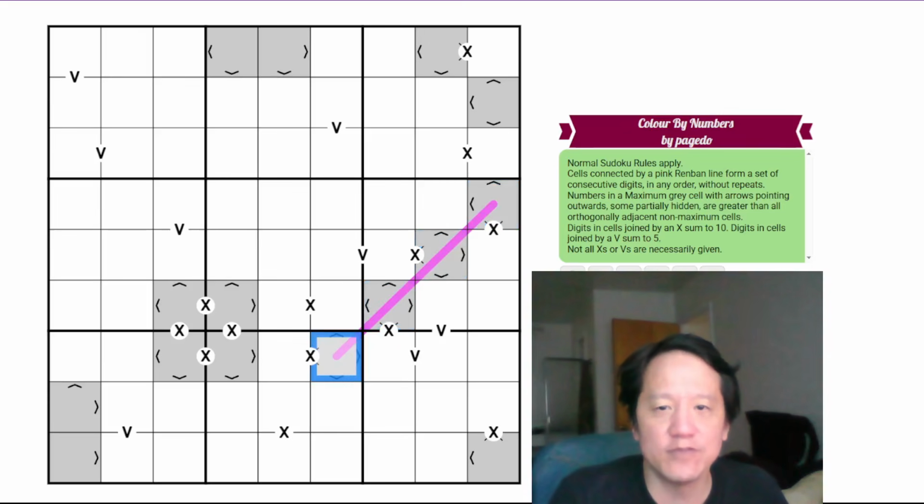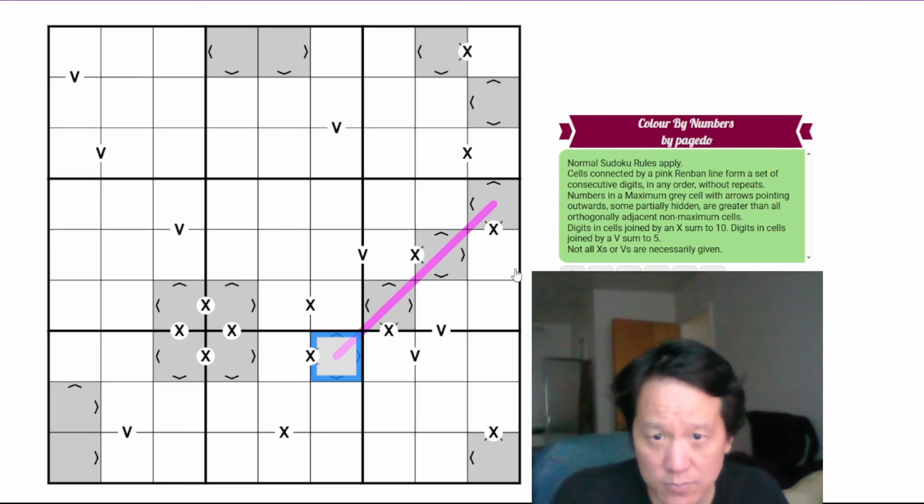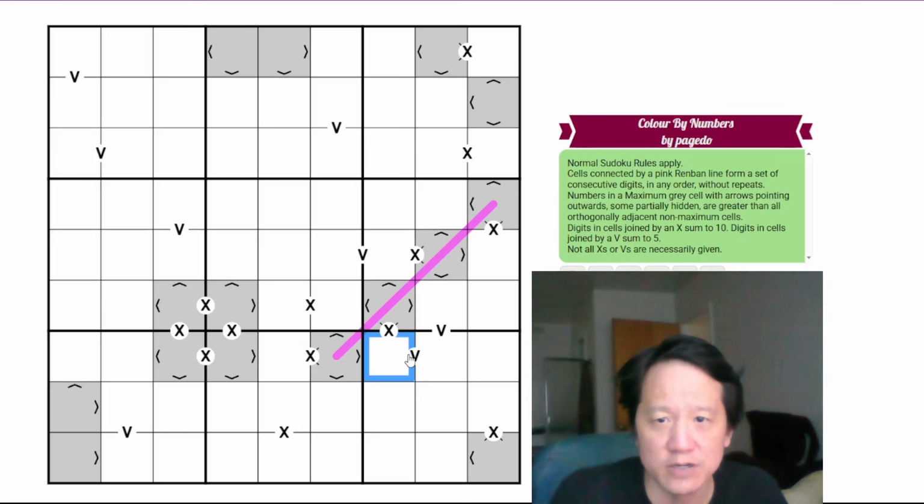We also have numbers in a maximum gray cell with arrows pointing outwards. Some partially hidden are greater than all orthogonally adjacent non-maximum cells. I'm not sure what they mean by some partially hidden. Yeah, maybe they're talking about the arrows.